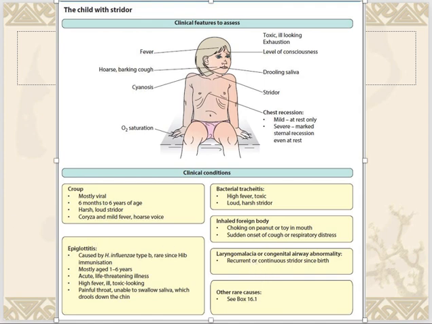So this is how we approach a baby with upper respiratory tract infection, or a baby with stridor or hoarseness or cough or anything like this. If you go through things systematically this way, you can make the concept, and learn what to see on examination, what to ask in history, and all this.